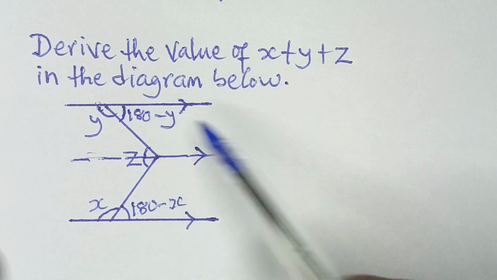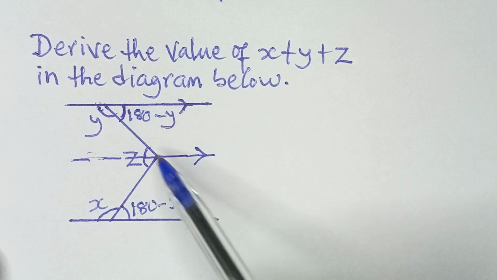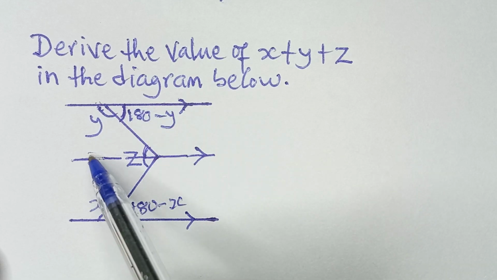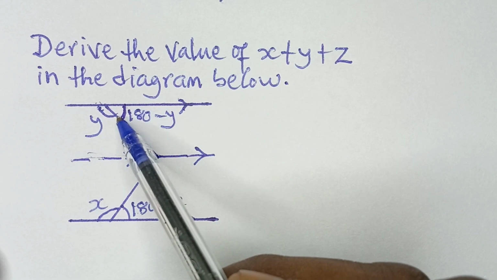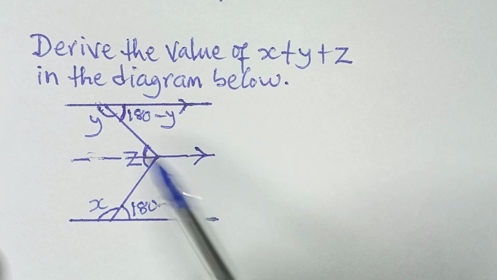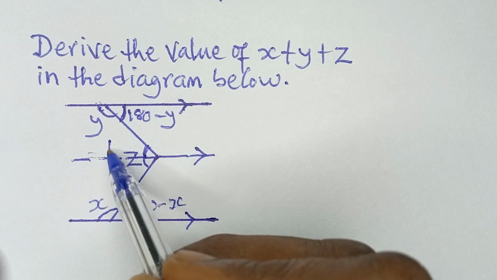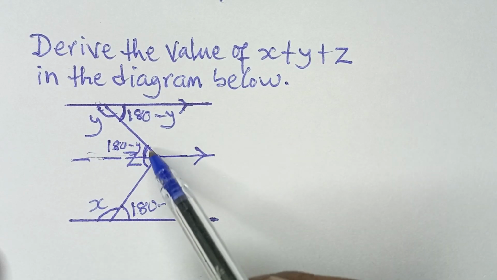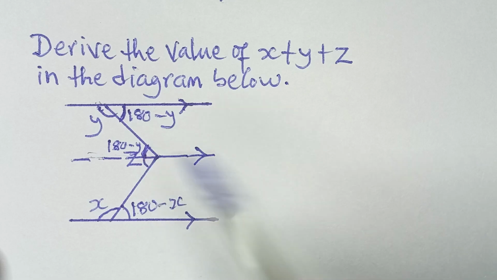I call them the elbow ends of the letter Z. So this elbow here, 180 minus y, will be equal to this elbow here, 180 minus y. So this portion here is 180 minus y. That is what the angle here is.